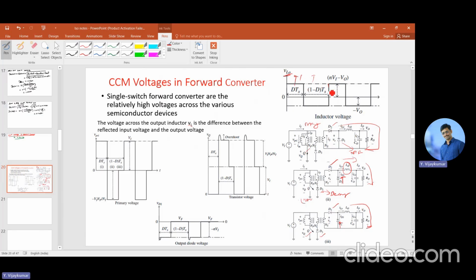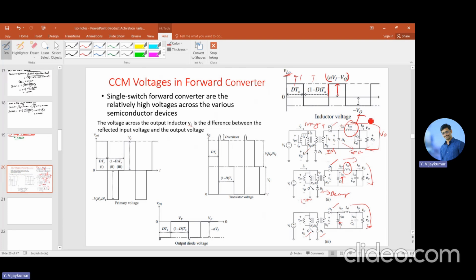The magnitude of this will be V1 and this will be V0. So this will be the voltage across the inductor. The voltage across this one is N into V1, and the output voltage is V0. I want the voltage across the inductor, so this voltage minus this voltage, that is N into V1 minus V0, will be the voltage across the inductor.